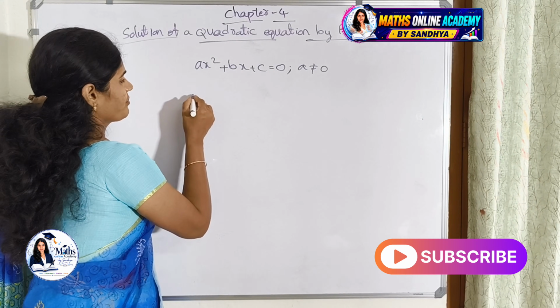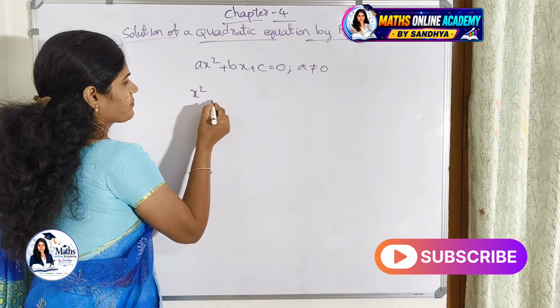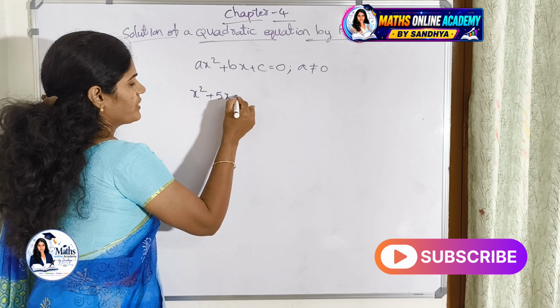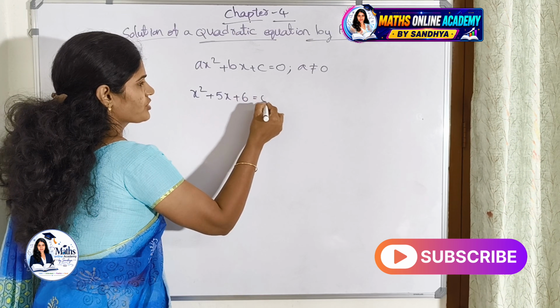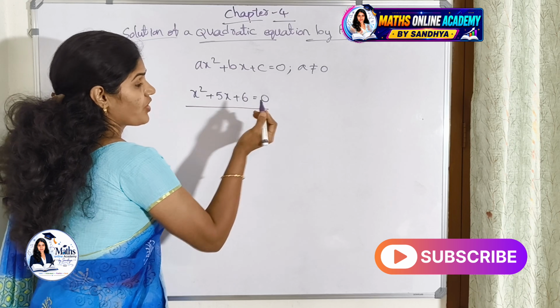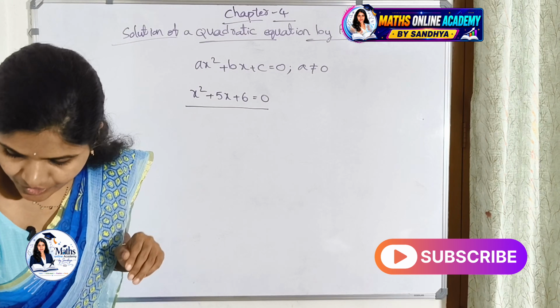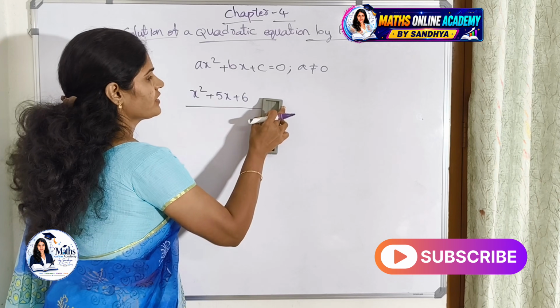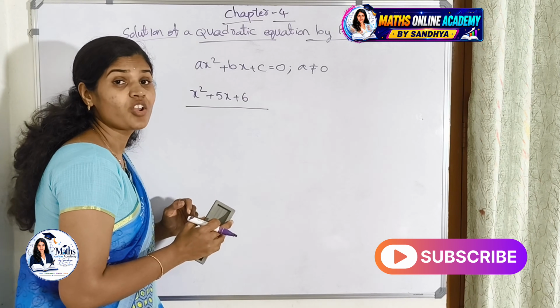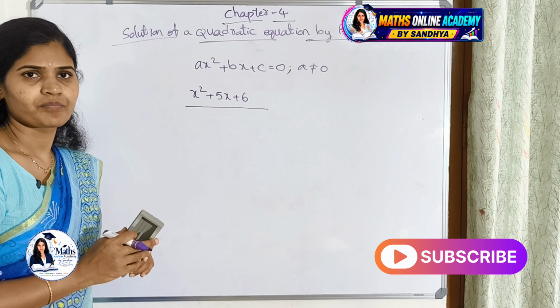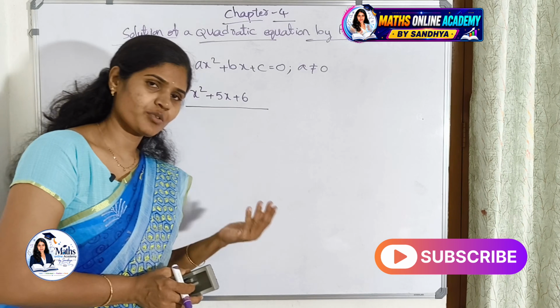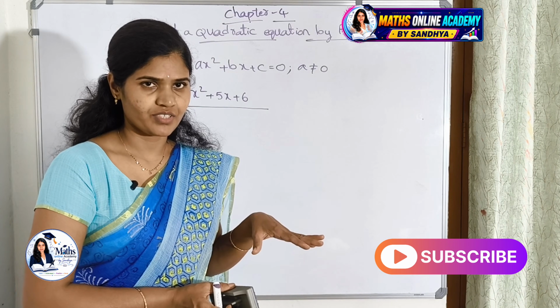For example, x square plus 5x plus 6 equal to 0. This is the quadratic equation. If you don't equate it to 0, this is the quadratic polynomial. That is the difference between the quadratic polynomial and the quadratic equation.